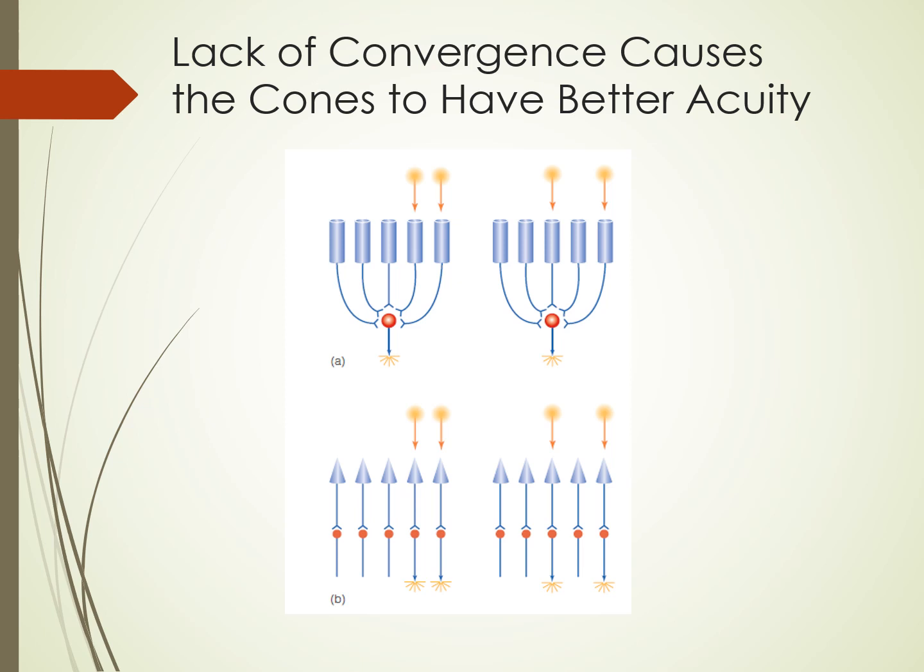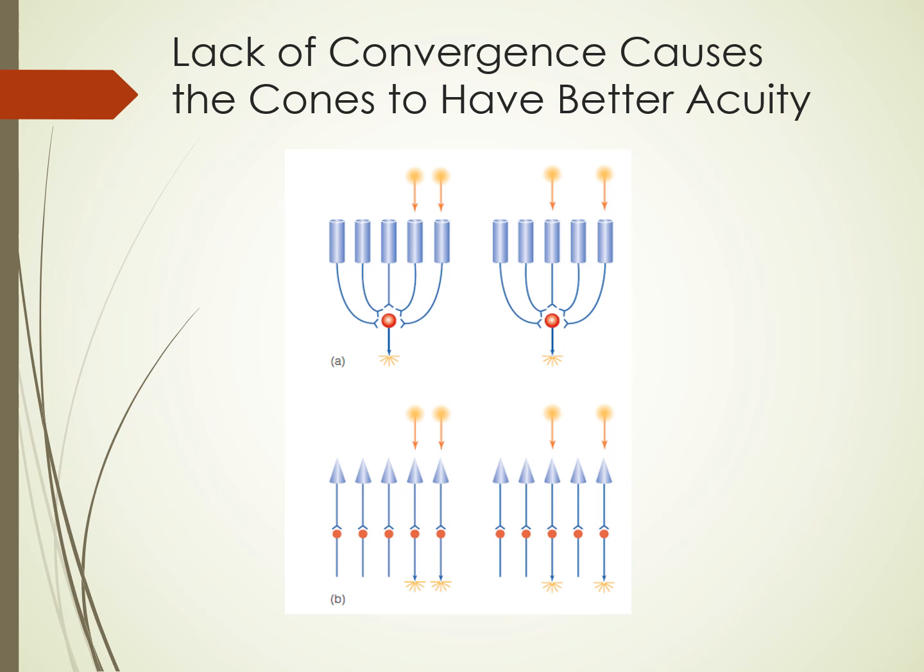I take those down to the cones. I get cones 4 and 5. Each of these bipolar cells gets its 4 units of activation, and each of those bipolar cells fires, and they tell me over there at cones 4 and 5, we have light out there. And if I spread that light out so that I have 2 separate lights hitting 3 and 5, what I'm going to see represented in the brain is that bipolar cell 1, I don't see any light. 2, I don't see any light. 3, that bipolar cell is telling me that there's light right there. 4 is telling me there's not light here.